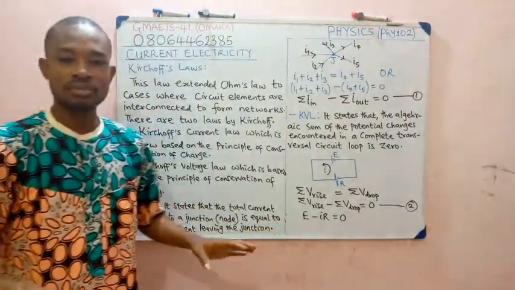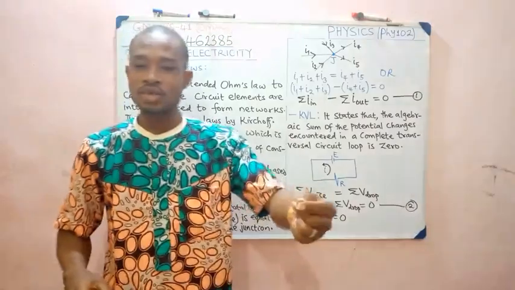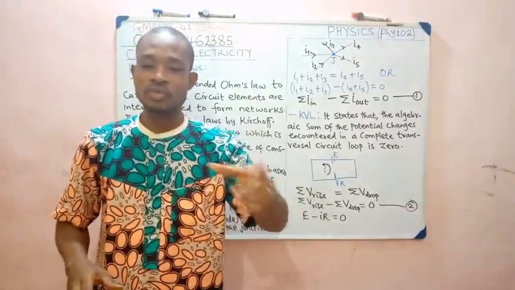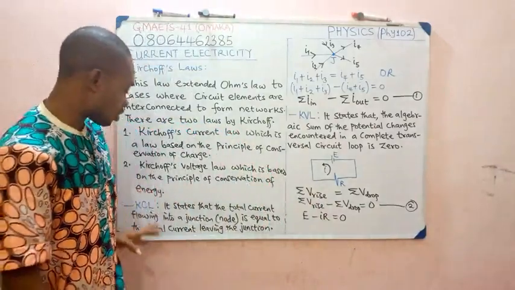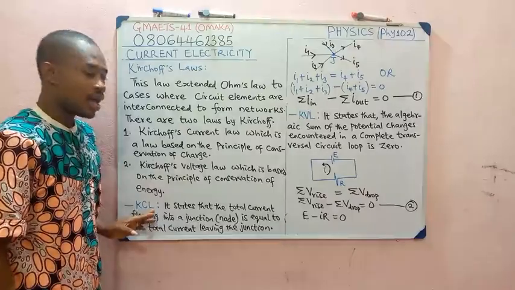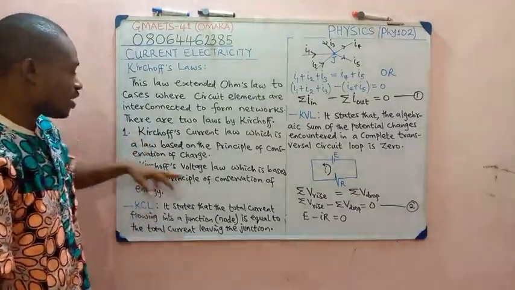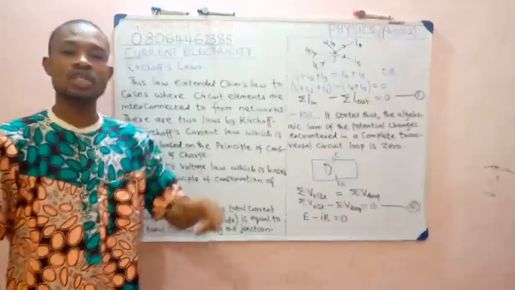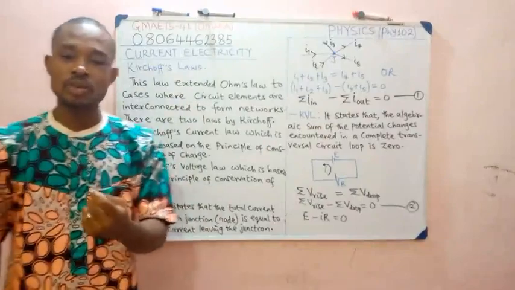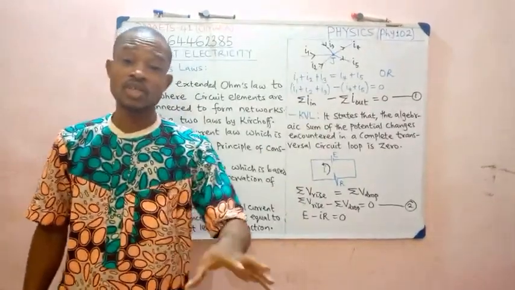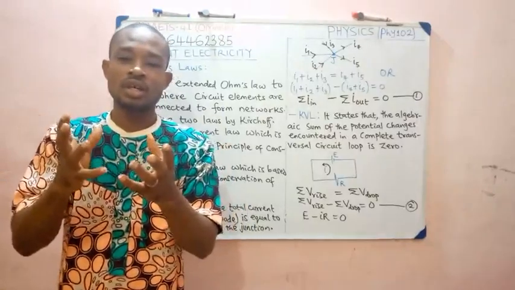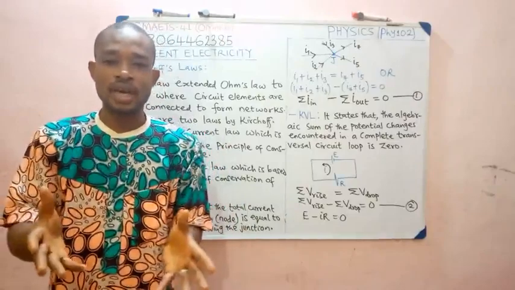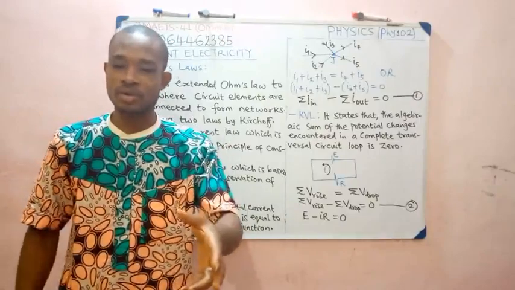There are two of them. One deals with the principle of conservation of charges, where we talk about the KCL, Kirchhoff's current law. And then the other, which is KVL, Kirchhoff's voltage law, is based on the principle of conservation of energy, because there we talk about the total potential rise and drop in a circuit being equal to 0.